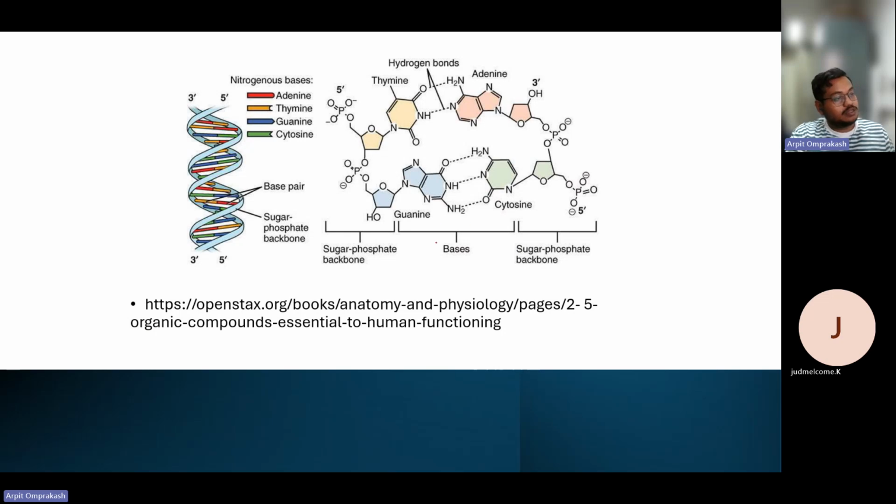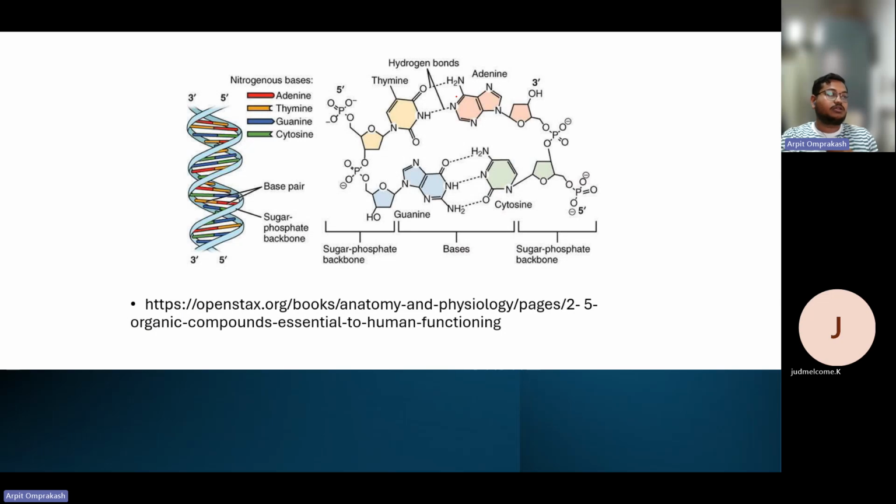So what happens is we have two strands, each of which has a sugar phosphate backbone. So it's made up of the sugar bound by phosphodiester bonds. And then what we have here are the bases. When the bases are in close proximity in the DNA, they form hydrogen bonds with each other.